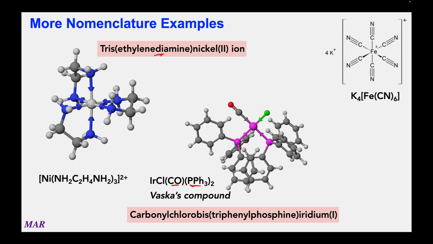So we need to figure out the charge on the iron. The K4 helps us because those give 4 +1 ions, but there are 6 -1 cyanides. So you see where this is going. +4 from the 4 potassium, plus iron, which we don't know, plus the -6 from the cyanide is going to equal 0.